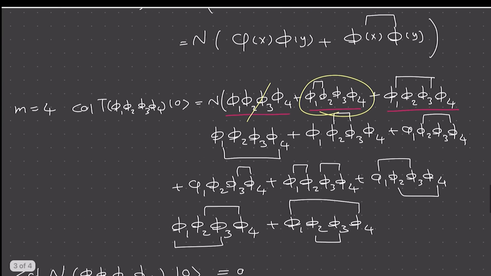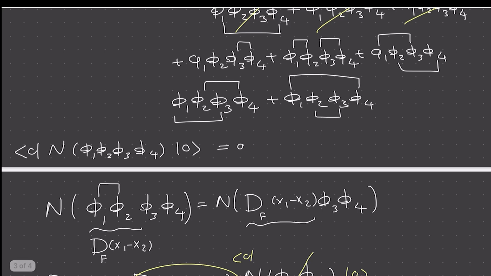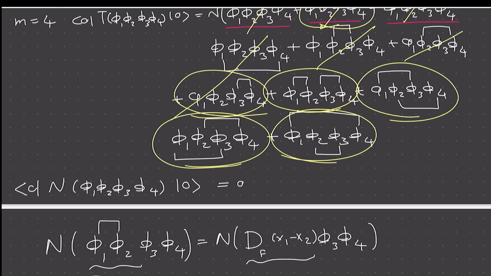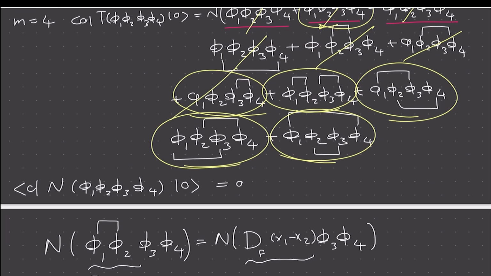So these terms also don't survive. So the only ones that are surviving are these 4 terms, these 5 terms here. Sorry, this one is also not surviving. So you only have 4 terms here. Sorry, I just made a mistake. One of them is actually extra.